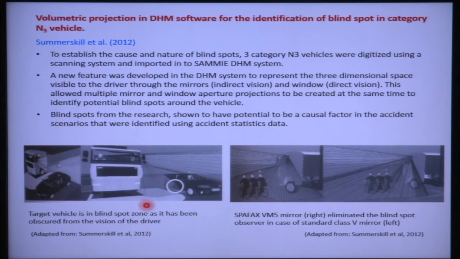From this study, Samarsky et al. clearly demonstrated that digital human modeling software is very effective, using this type of volumetric mirror projection zone, for identifying blind spot areas and how they can be eliminated by design intervention using different types of mirrors.